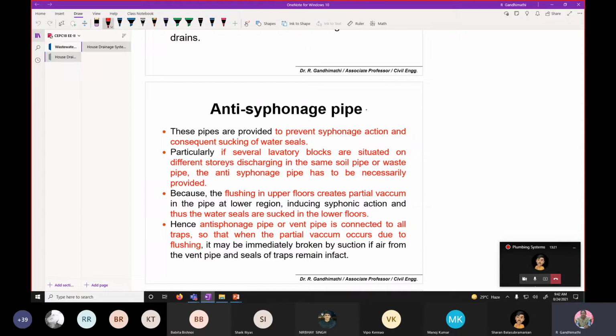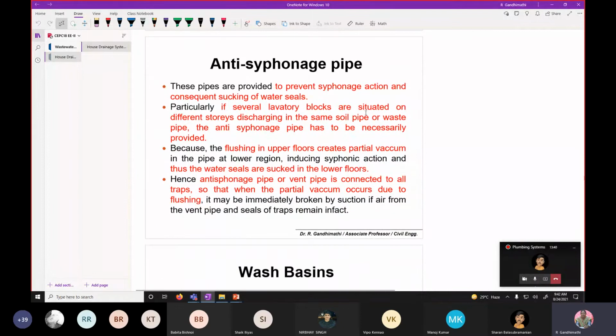The partial vacuum created by the flushing action in the upper floors may be avoided by sucking air from the outside through the vent pipe. That is the main function of the anti-siphonage pipe.